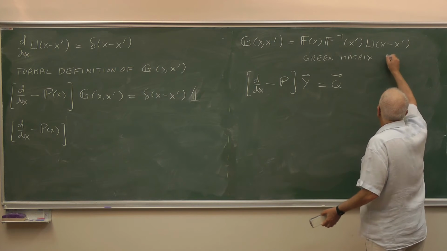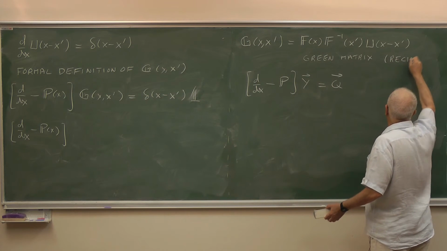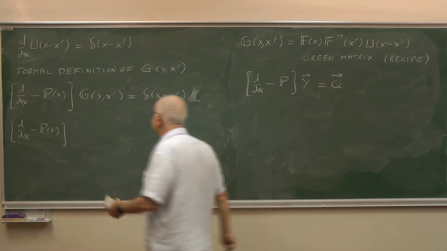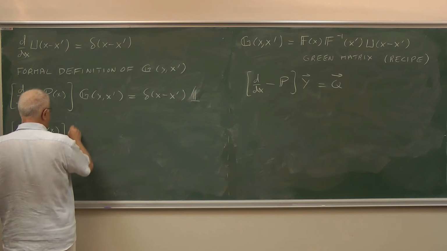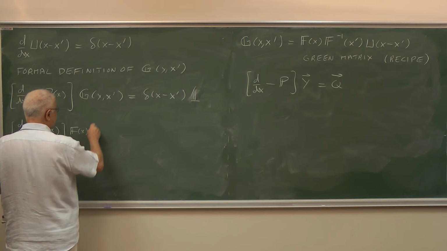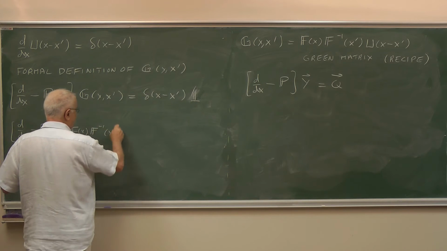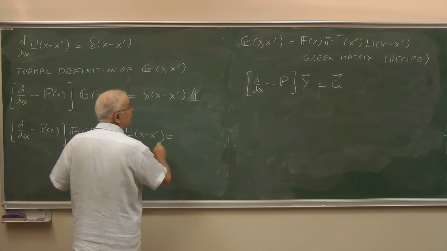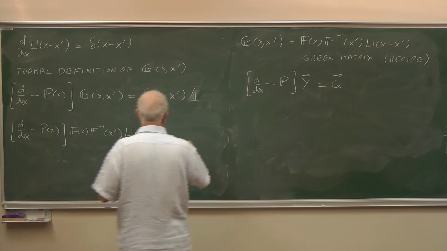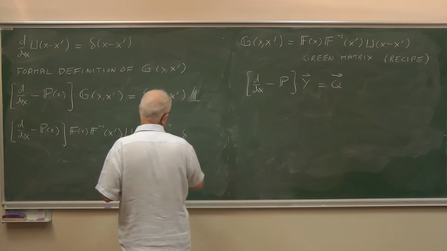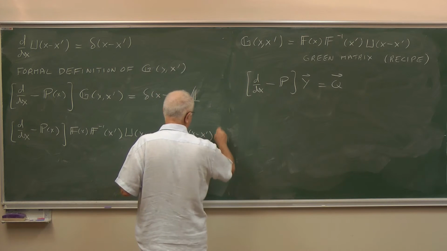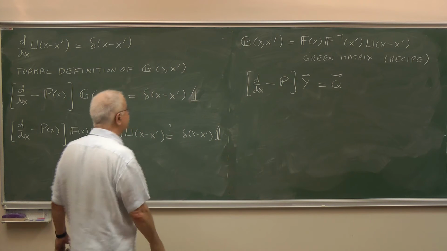This is a recipe. It's an operational definition. So I have here F of x, F inverse of x prime, u of x minus x prime equals delta, or should I say, does it equal to delta of x minus x prime times identity?